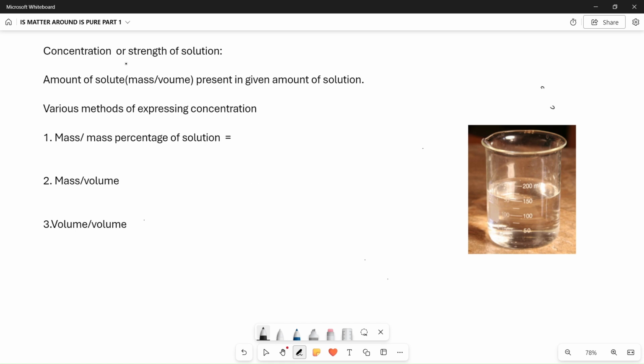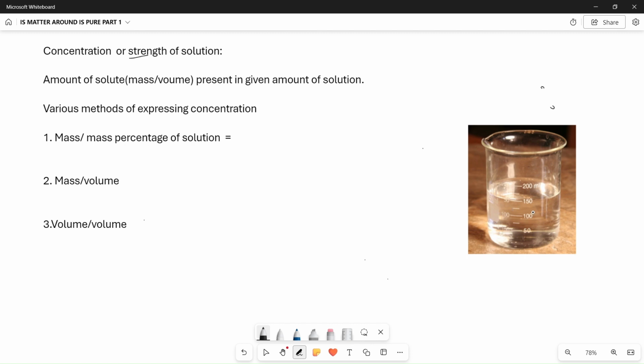How is it measured? It is the amount of solute present in a given amount of solution. The amount of solute can be expressed in mass or volume, and the solution can also be expressed in mass or volume. Let us discuss with an example.